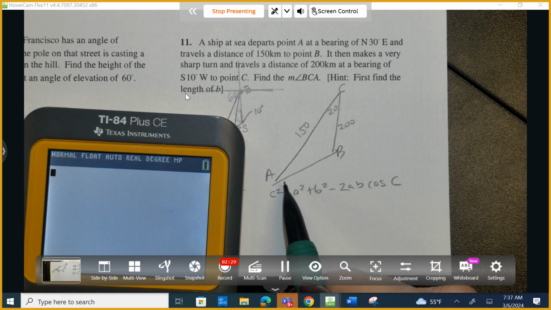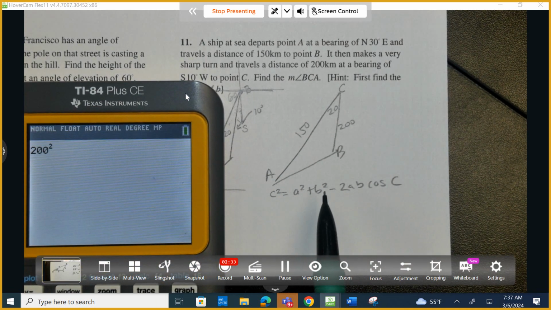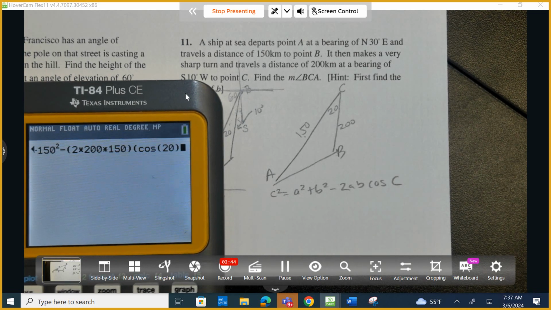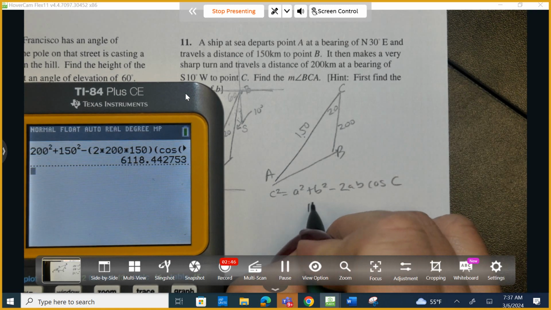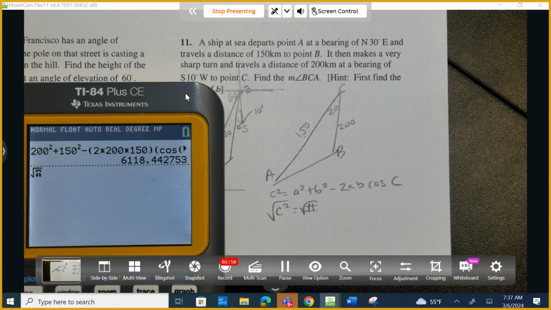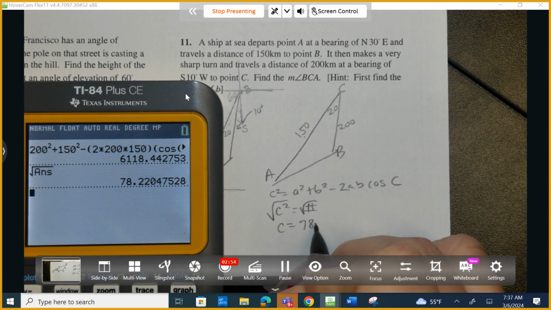So this is my a, so I have 200 squared plus, this is my b, 150 squared minus 2 times 200 times 150 times the cosine of 20. That's this really large number. Now I need to take the square root of it, and I end up with this length being 78.22.